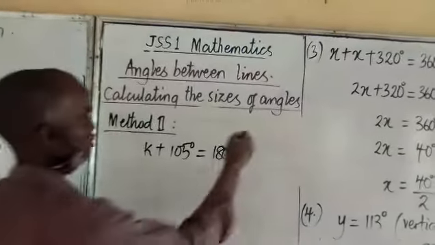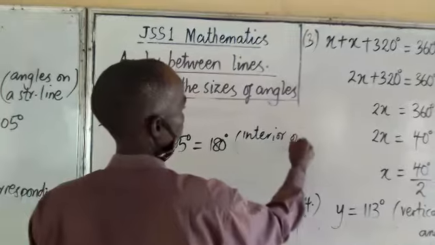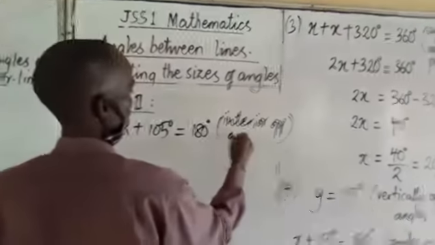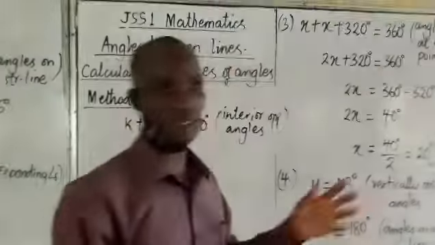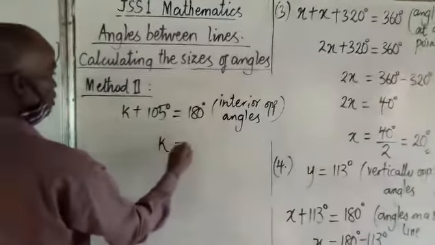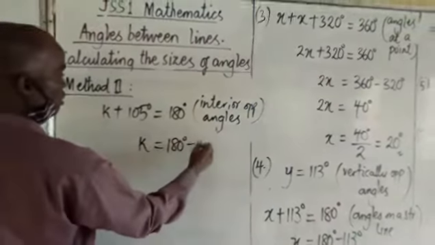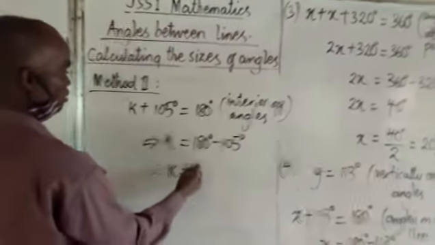The reason is they are interior opposite angles. Interior opposite angles are supplementary. They add up to 180 degrees. So K is equal to 180 degrees minus 105 degrees.